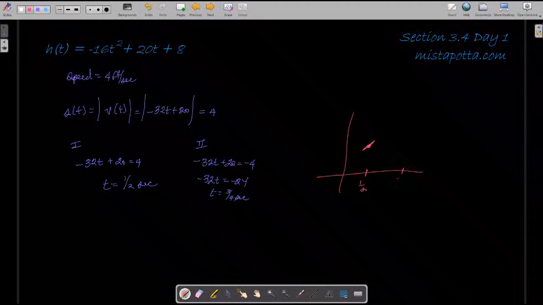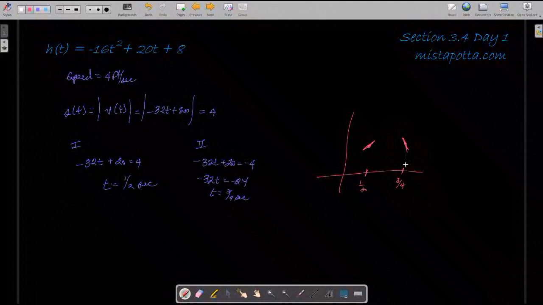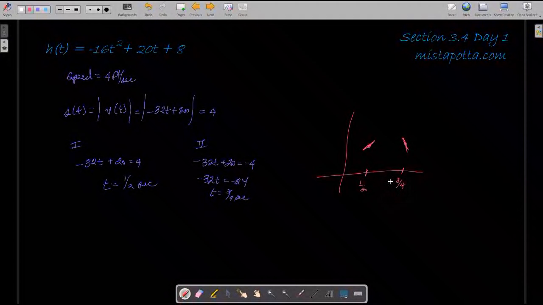And at 3/4 of a second, I'm going down with a velocity of negative 4 feet per second. But I still have a speed of 4.